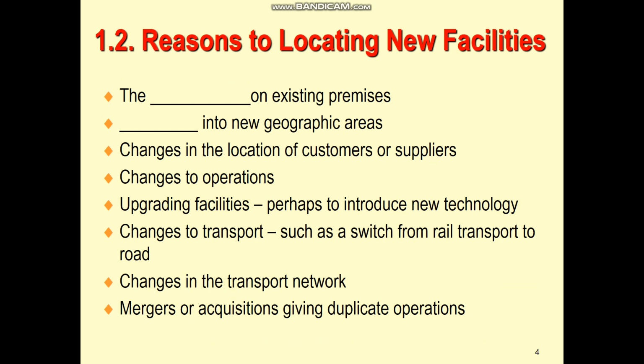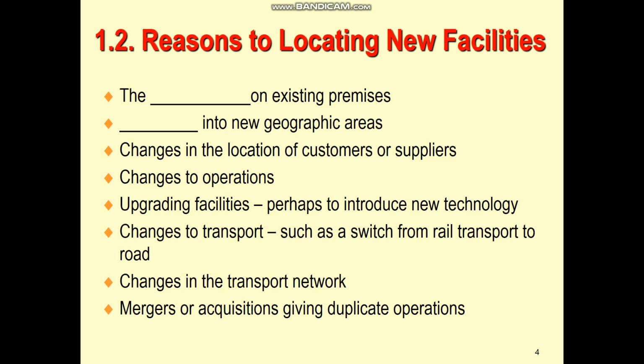Okay, so why and when do we have to locate new facilities? For example, you are not from Ho Chi Minh City, but you come to Ho Chi Minh City to study, so you have to rent a room here. Normally we sign a contract with the landlord for 1 year, right?